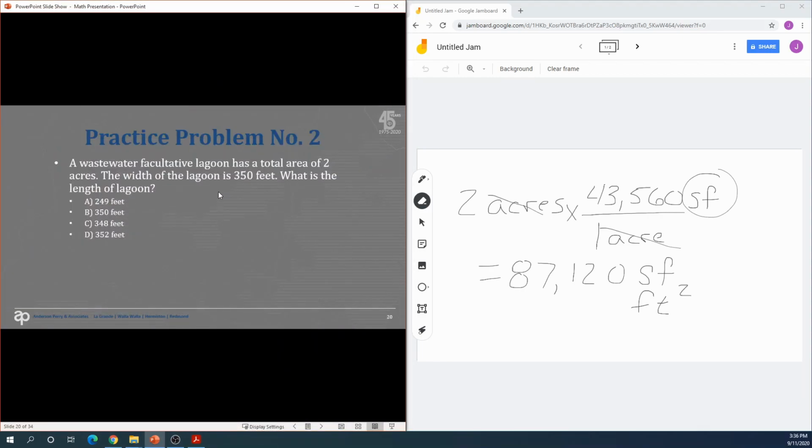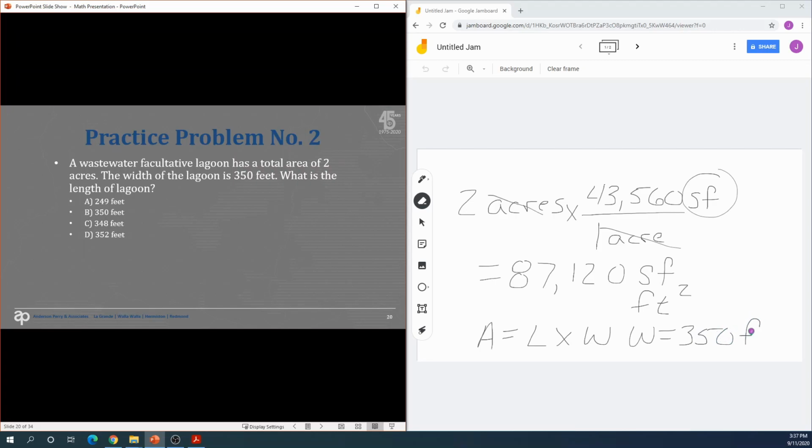Okay, so now we know what the area of our lagoon is in square feet, and we also know that the width of our lagoon is 350 feet. So if we know our area is equal to our length times our width, we know what our width is. Our width is equal to 350 feet.